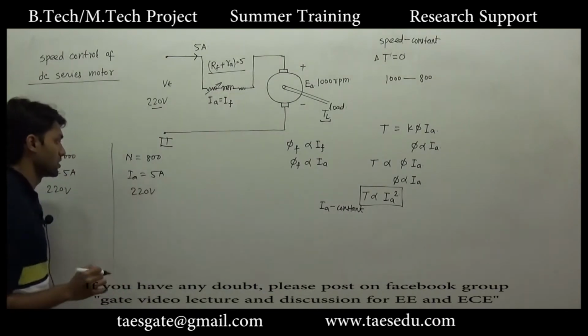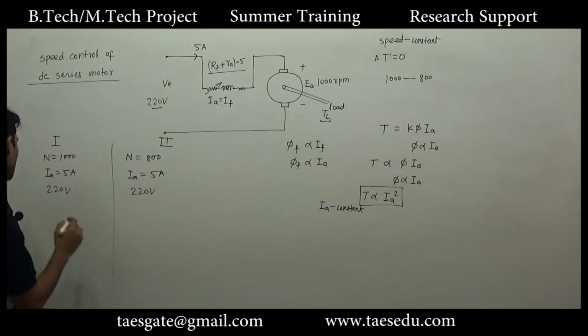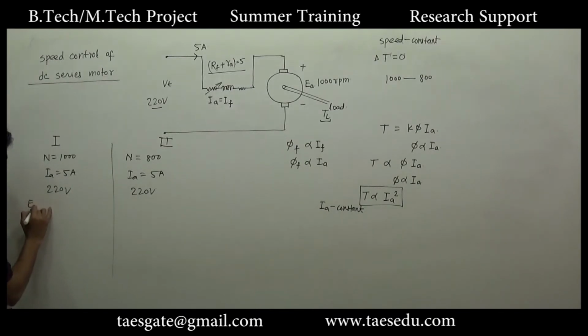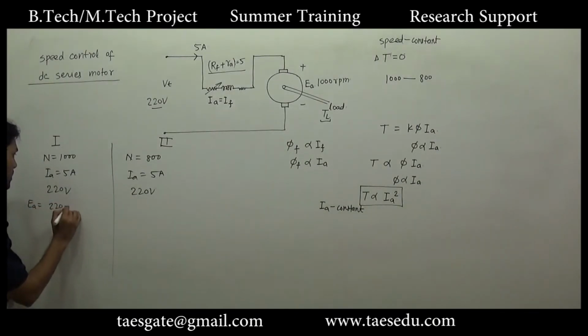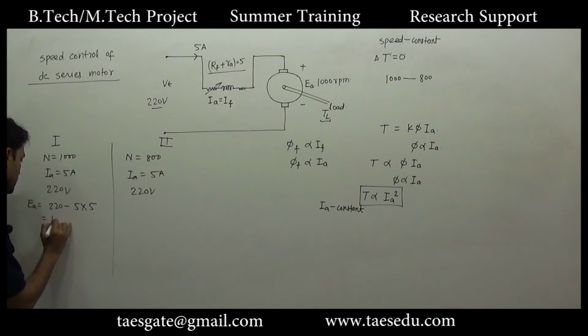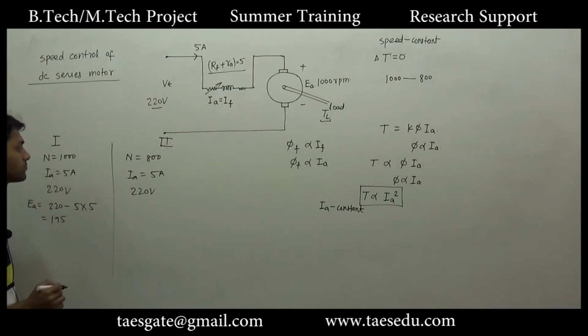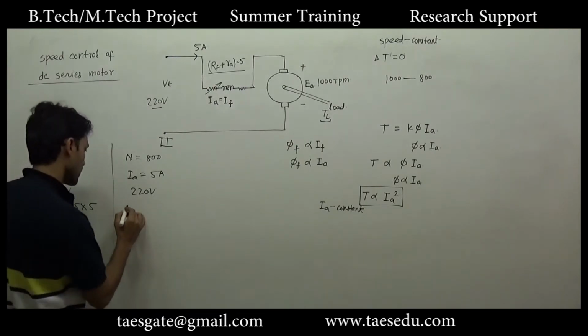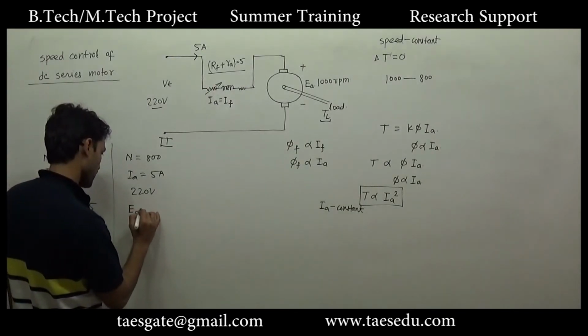Here also supply voltage is 220 volt. What is the value of generated voltage here? Armature voltage 220 minus Ia into R. Ia is 5, total resistance is 5. This is 195 volt.